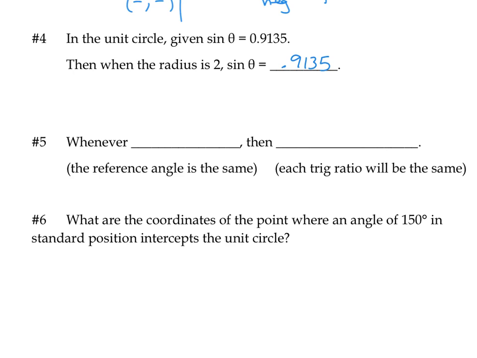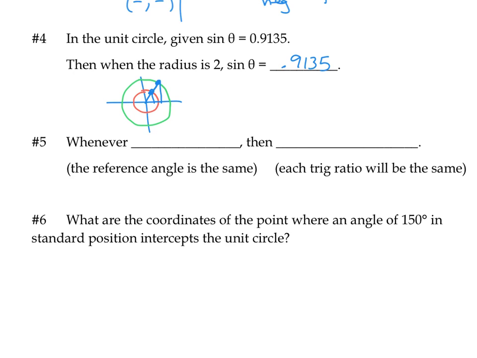If I draw this out, let's say the unit circle here, and I put in red a radius of 2 around it, it really wouldn't matter if I drew an angle out here and went through this point on the unit circle and this point on the radius of 2. The ratio is going to be the same for sine, cosine, and tangent, whether I draw a triangle down like this or down like this.